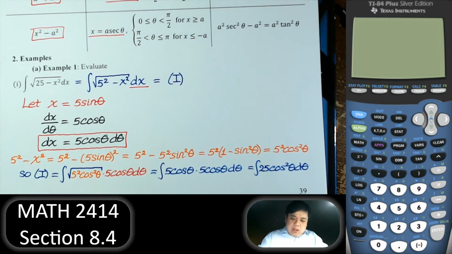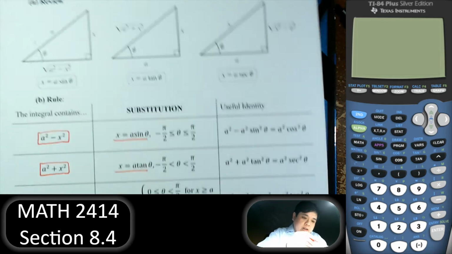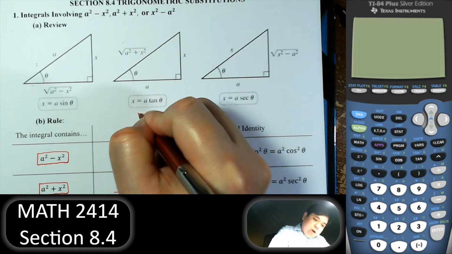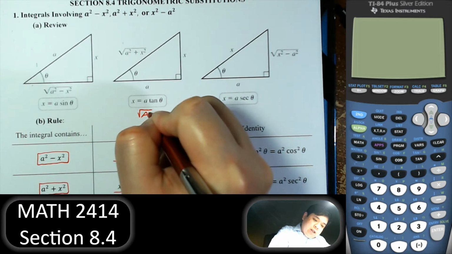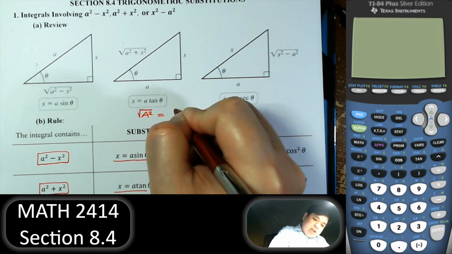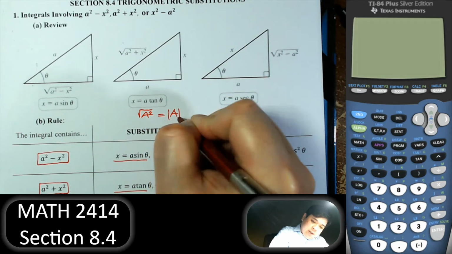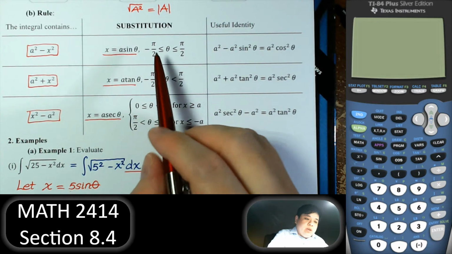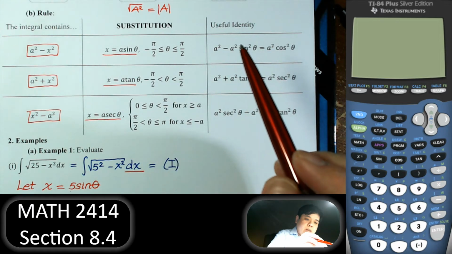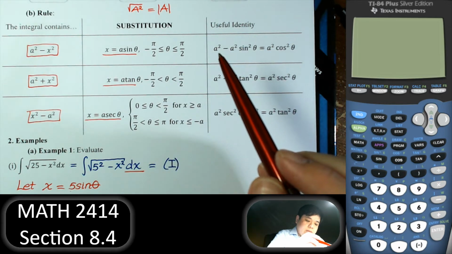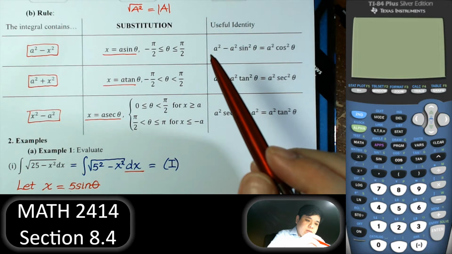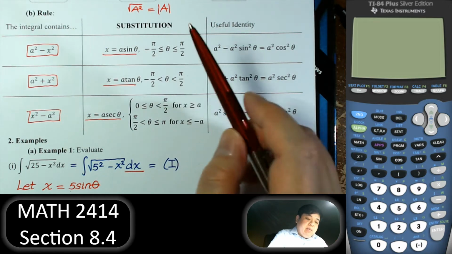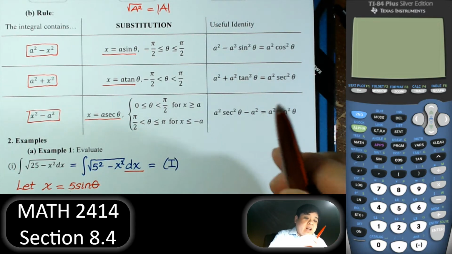Right. So let me write this first. In general, when we have the square root of a square, it's going to be the absolute value of a. So if theta is in the negative pi over 2 to pi over 2, never mind, that could potentially be negative.